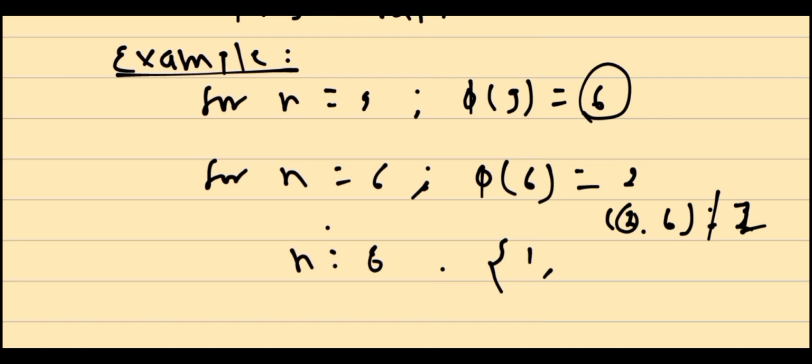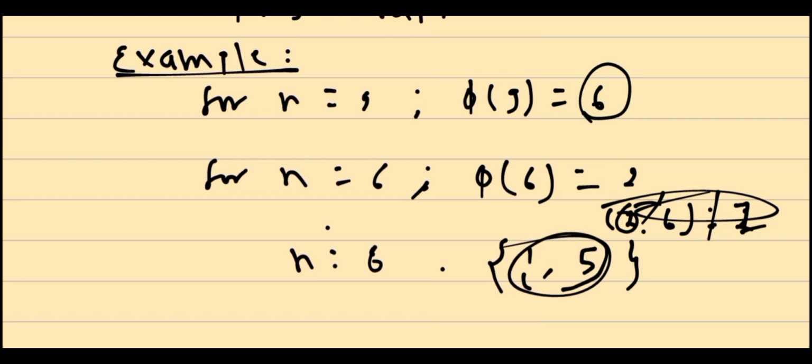So 2 is not relatively prime to 6, and 3 is also not relatively prime, and 4 is also not relatively prime to 6, but 5 is relatively prime to 6. So we have 1 and 5, only two numbers which are relatively prime to 6.